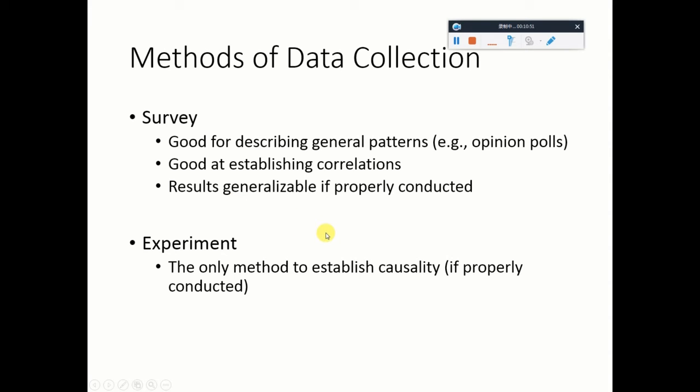And perhaps the most important advantage or reason why people care about doing experiment is because experiment is the only method that can establish causality, right? That is, provided it is properly designed and conducted.